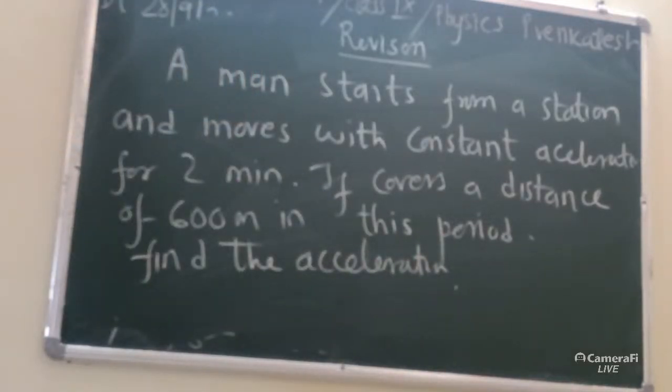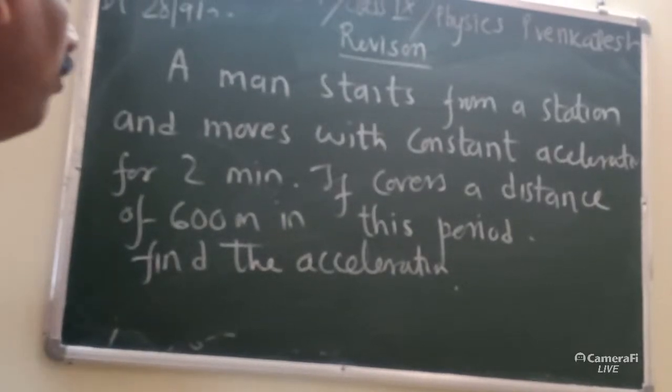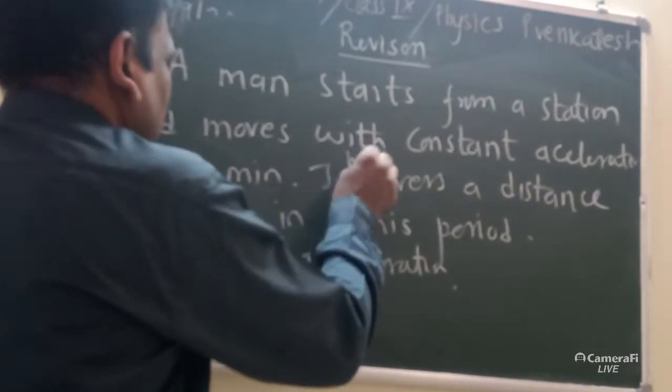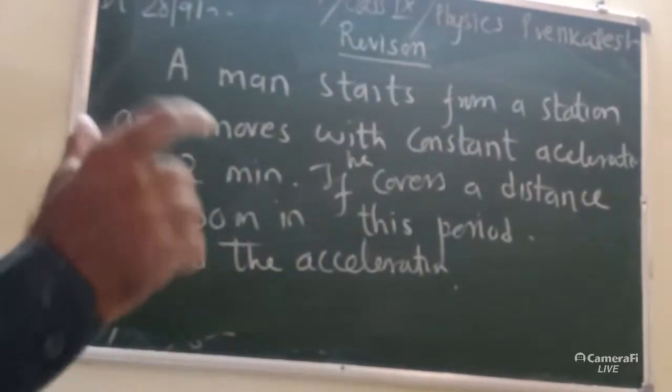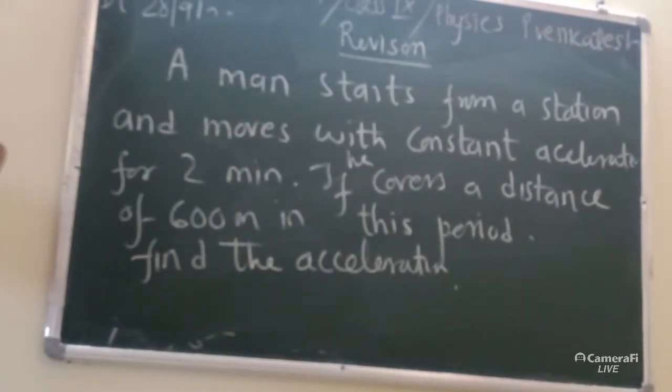A man starts from a station and moves with constant acceleration. You know what acceleration is: rate of change of velocity, for 2 minutes. If he covers a distance of 600 meters during 2 minutes, find the acceleration.